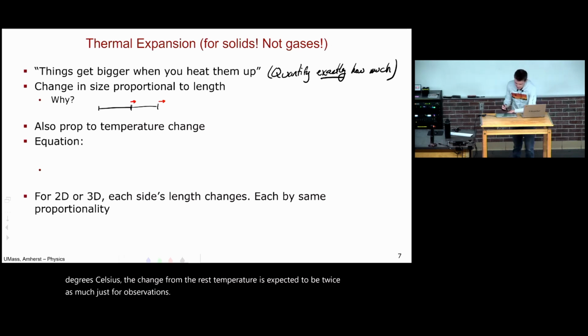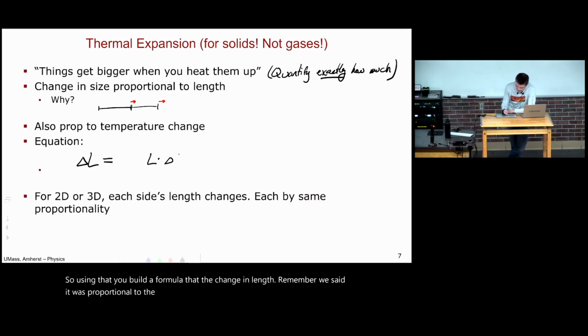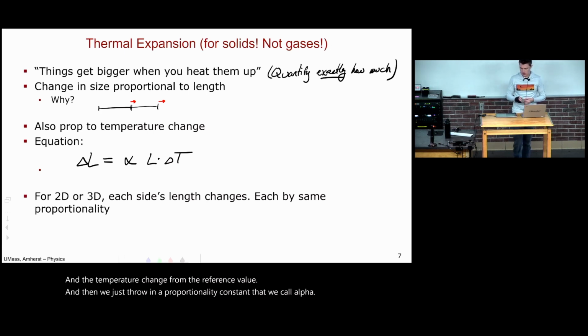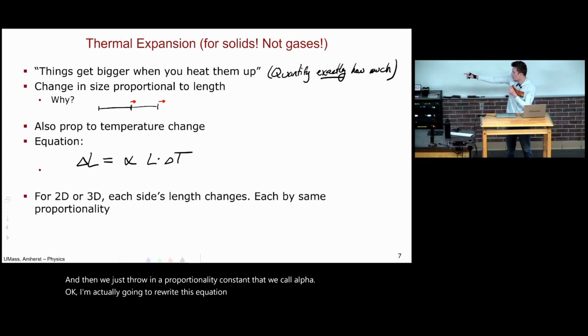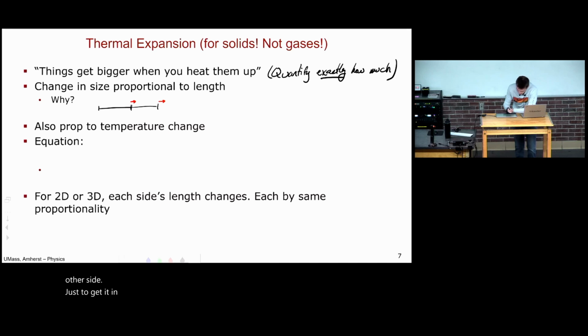So using that, you build a formula that the change in length, remember we said it was proportional to the length and the temperature change from the reference value. And then we just throw in a proportionality constant that we call alpha. I'm actually going to rewrite this equation by dividing the L over to the other side, just to get it in its typical form.